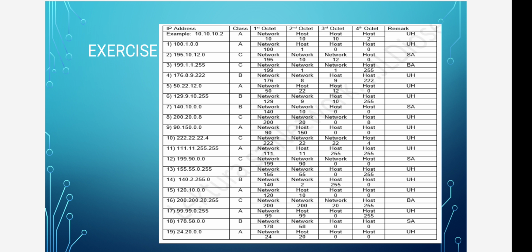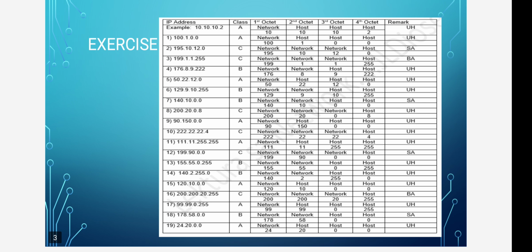A subnet address has the rule that all the host part is 0. And the next one is the broadcast address. The rule of the broadcast address is that all the host part of an IP address must be 1, or in other terms 255.